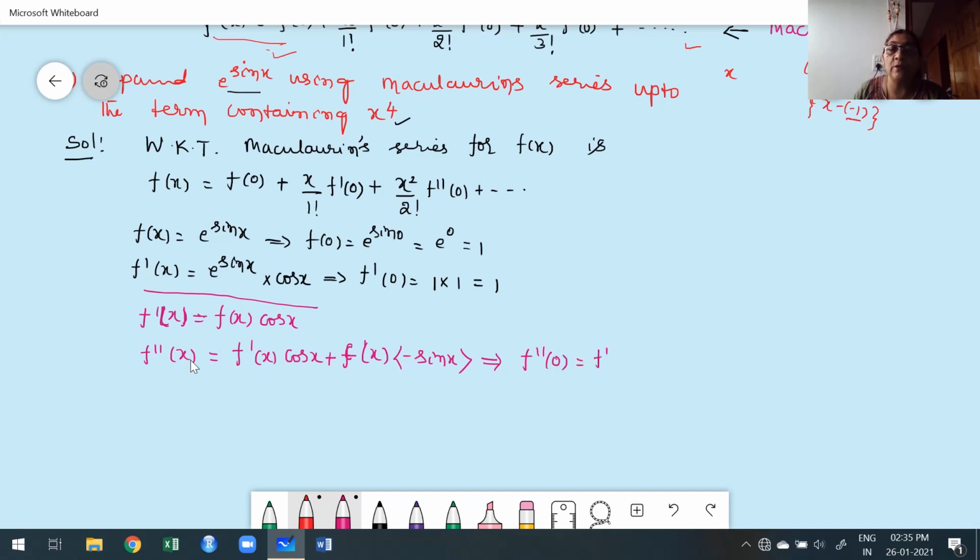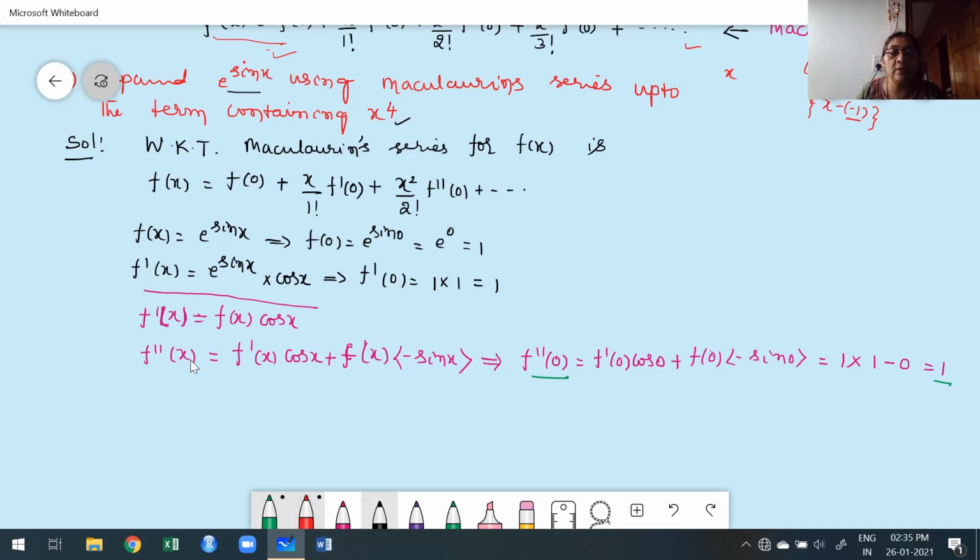Put x equal to 0: f dash of 0 into cos 0, plus f of 0 into minus sin 0. What is the value of sin 0? It is 0. Now you know that f dash of 0 is 1, and cos 0 is also 1. But this term gives 0. So we get 1 into 1, which is 1. Finally, we get the second derivative at x equal to 0 is 1.